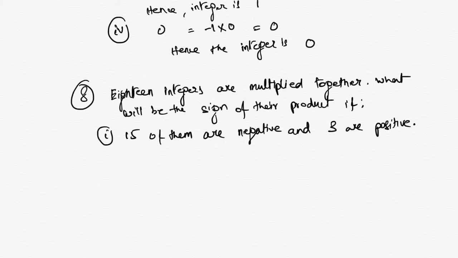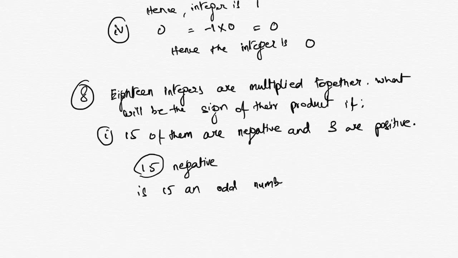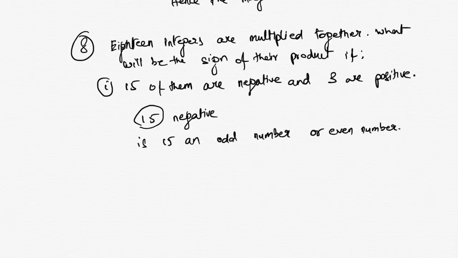Listen. When it says 15 negative, okay, you don't have to get confused. You have to see what is 15. Is 15 an odd number or even number? Okay, you have to see 15. Now 15 is an odd number, so the integer is negative integer.